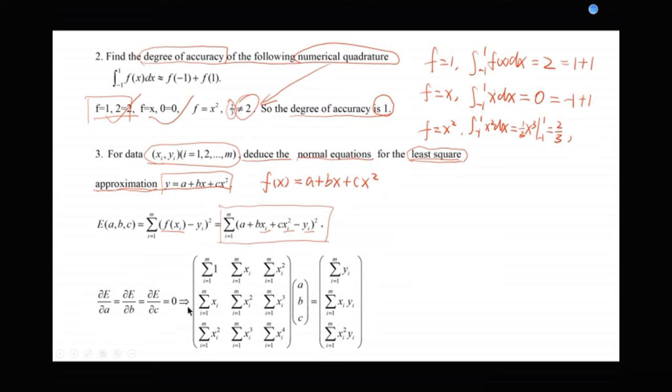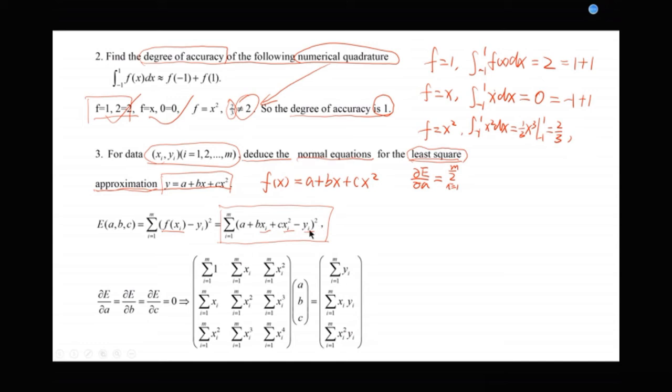Clear? Okay, so let's practice. What is partial E partial a? Here E is this, so we need to compute it. Summation i from 1 to m, right?